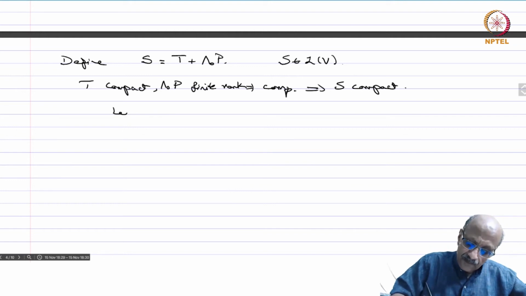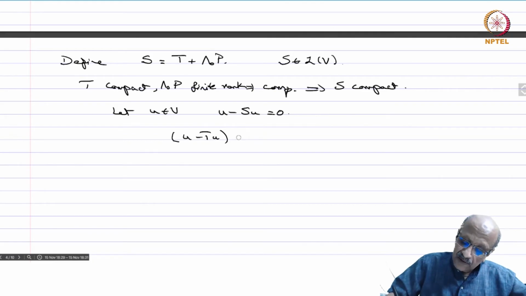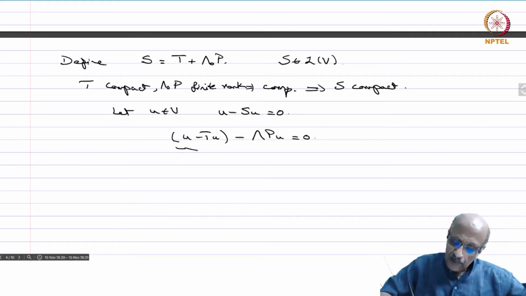So let U be such that U minus SU equals 0. What is that? If you expand that, that is U minus TU minus lambda PU equals 0. Okay. Now where does this belong?